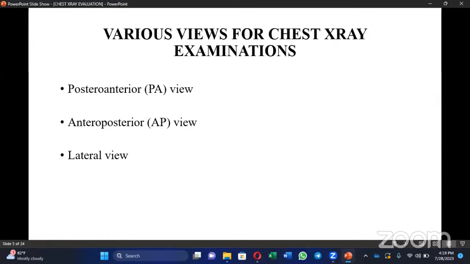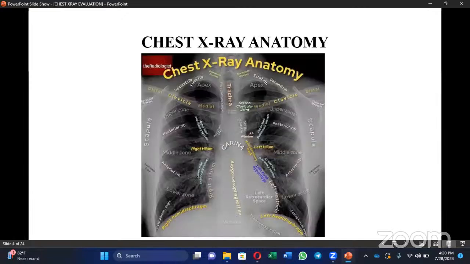Mostly, it is difficult to differentiate the two, but we look at certain things to make the differentiation good enough, all right? When you look at the posterior anterior view image, mostly the clavicle. Example of a posterior anterior view image is this.